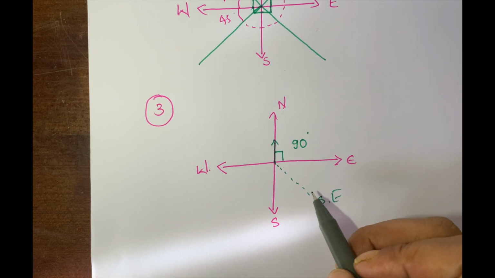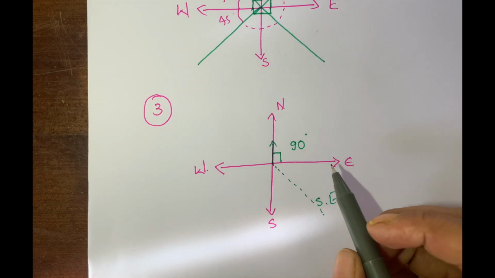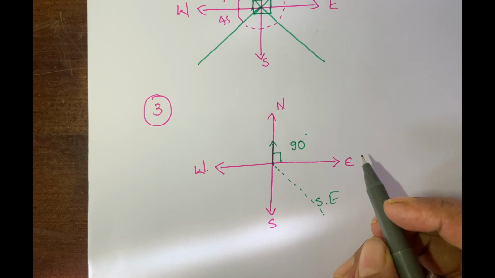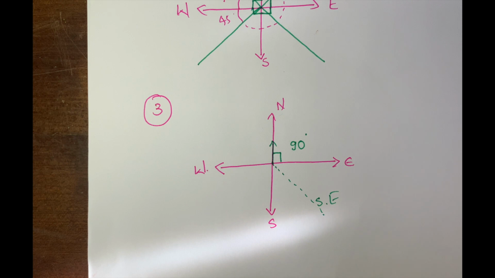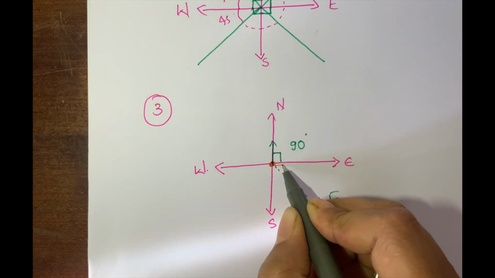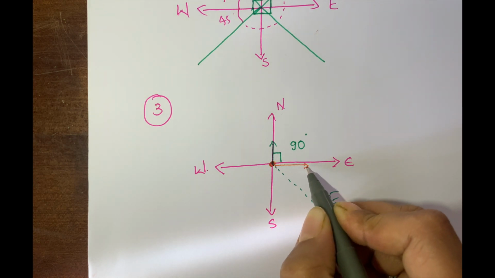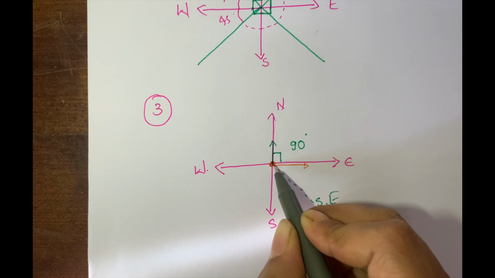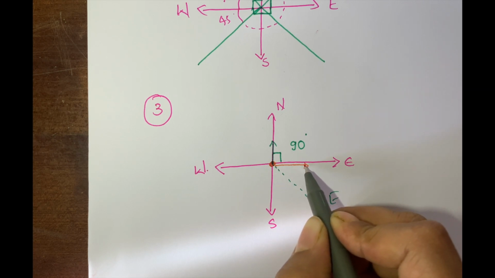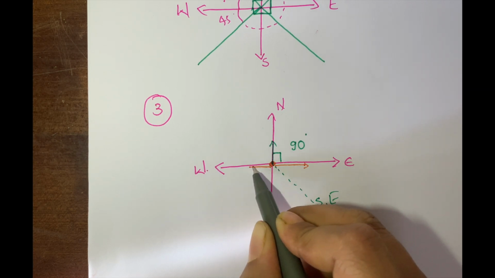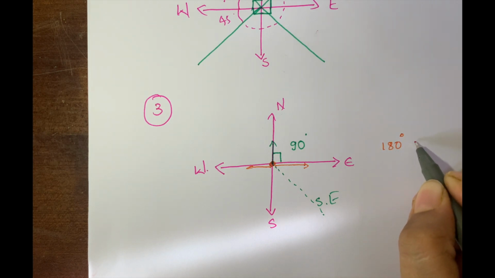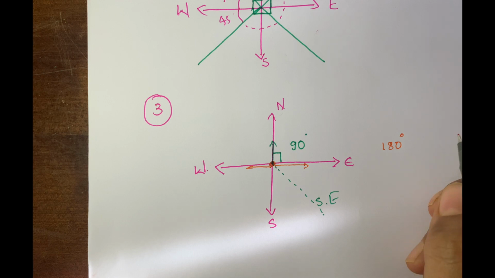One more important thing to remember here is, if they say a person is turning 180 degrees, for example, a person moving towards west takes a turn of 180 degrees, then it means that this person is now facing the east. So 180 degrees always means the opposite direction.